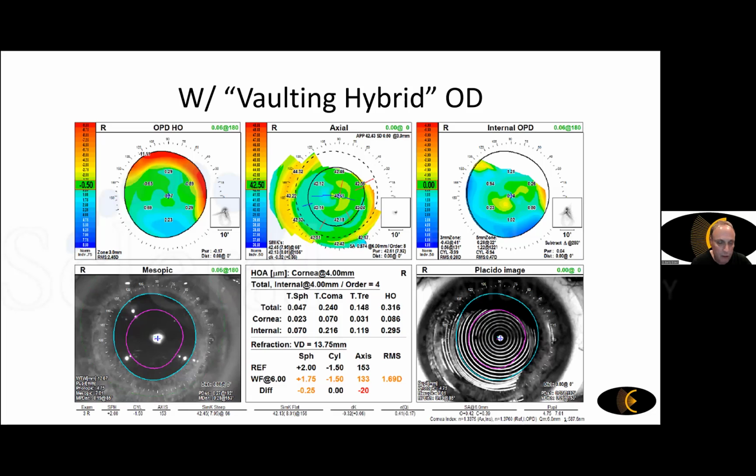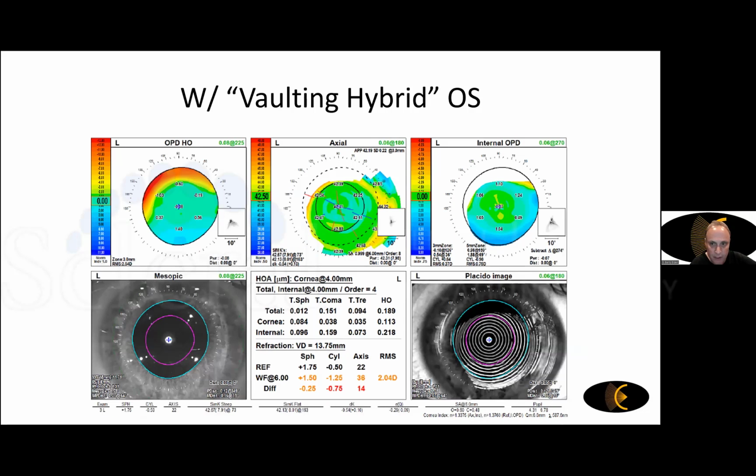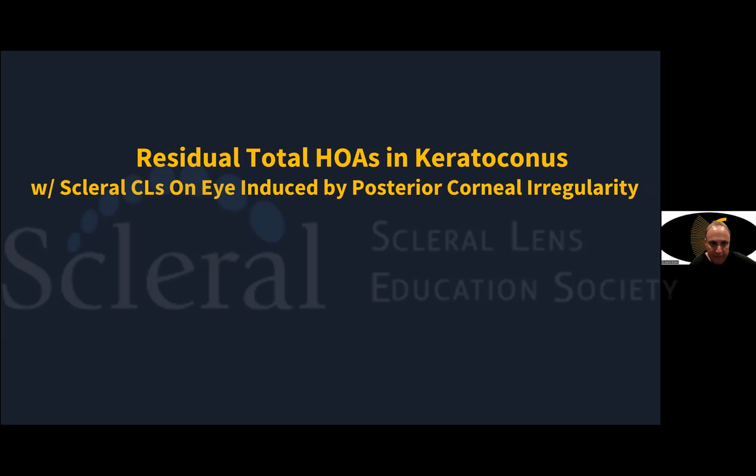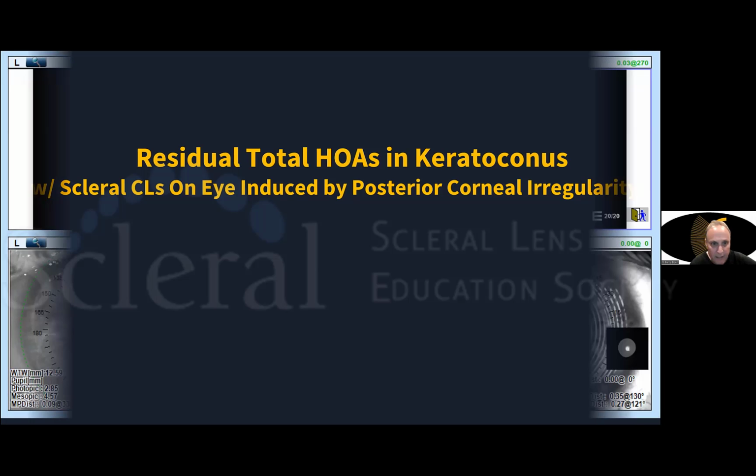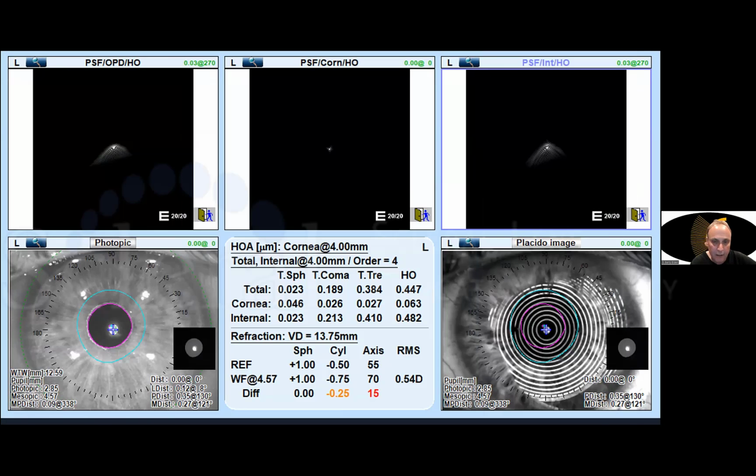So if you look at the total on the left, look at that point spread function, and the total of the internal, they look almost identical. And the numbers are actually quite similar. This is the other eye. So residual total high order aberrations in keratoconus can be induced when a scleral lens is on the eye by posterior corneal irregularity.